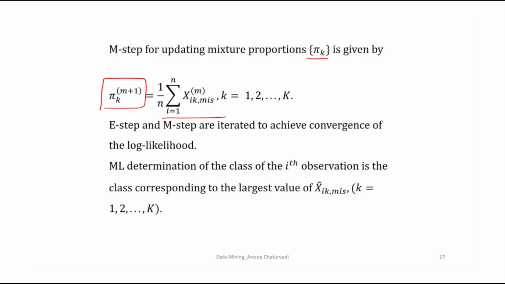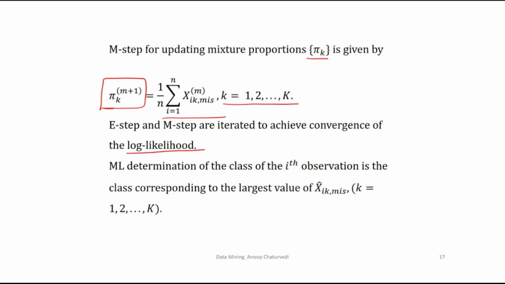So, this is pi_k(m+1) for all k equal to 1 to capital K. Now, we iterate these two steps, the E step and the M step, until we achieve convergence of the log likelihood. And once we achieve the convergence, we get the estimators of missing values as well as the class probabilities.